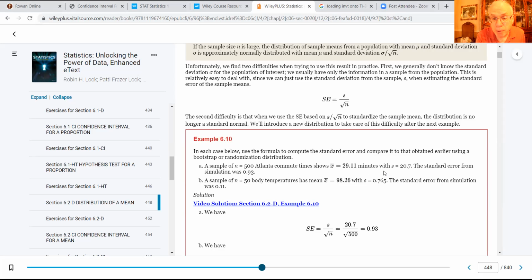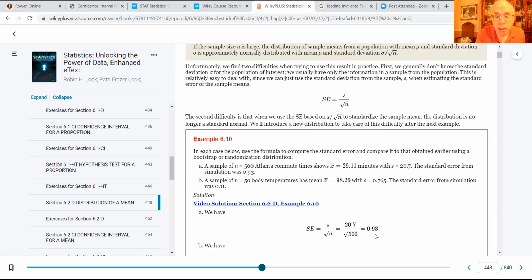Remember, s is the sample standard deviation. So how do we find the standard error? For part A, the standard deviation is 20.7, and the square root of the sample size is the square root of 500, and that's equal to 0.93. So that's our standard error that we're going to use in determining our confidence interval.